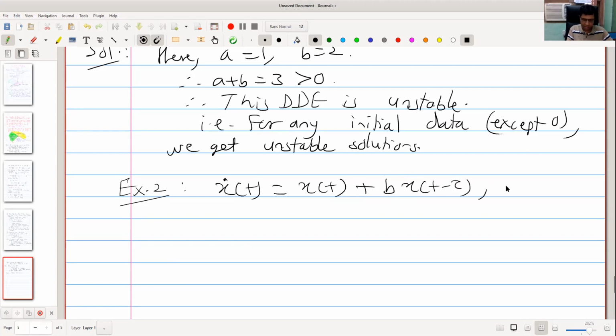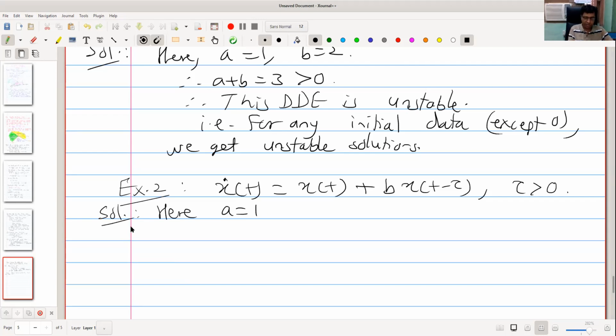Okay, it is linear again. As usual, we take tau positive. The solution here: a equals 1. So we can provide the analysis in terms of b.